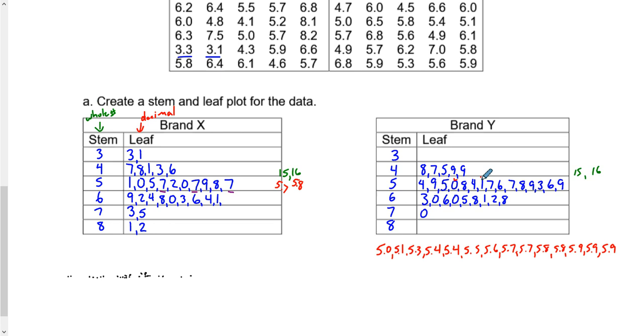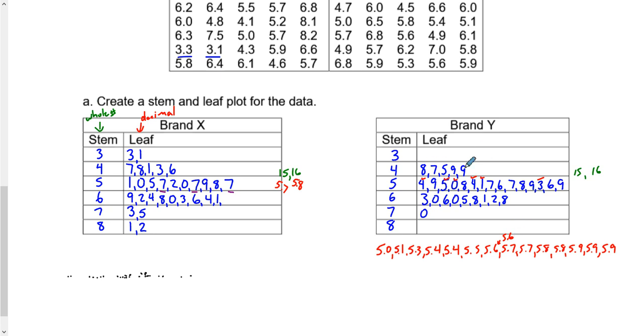That's 5.0, 5.1, 5.3, 2 5.4s, 1 5.5. Don't see any lower numbers right now. I see, oh, I missed another 5.6. So there should be another 5.6 in here. That's why you have to double check your work. Make sure that you identify everything.